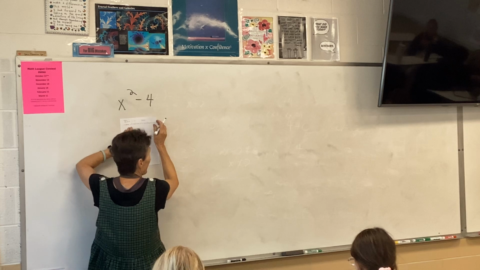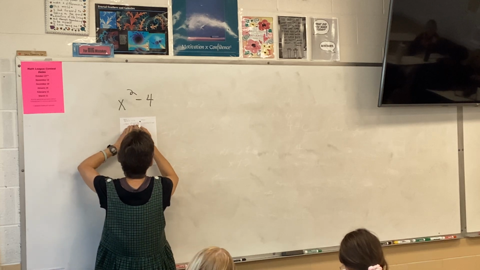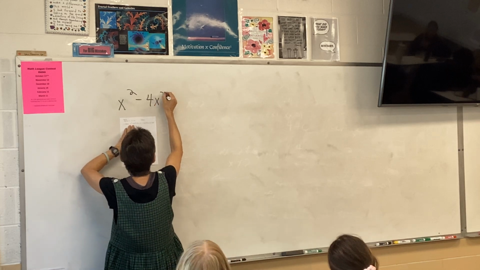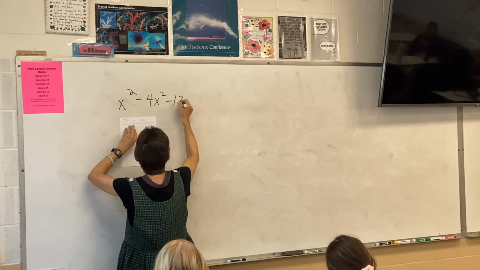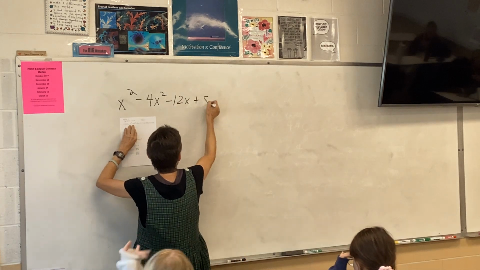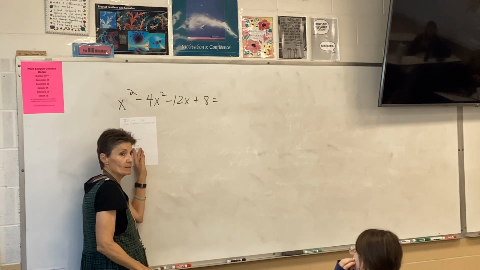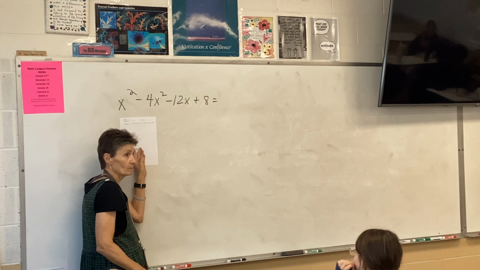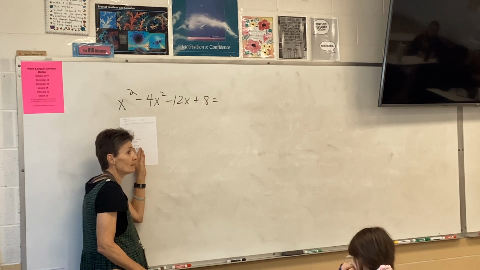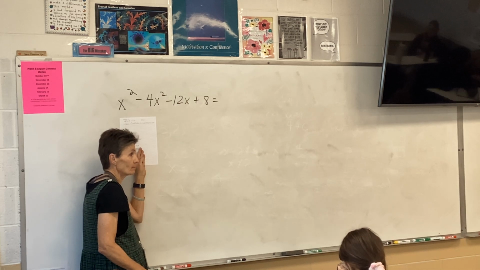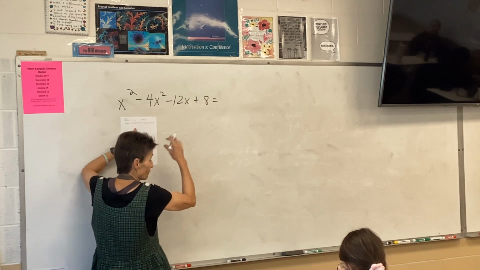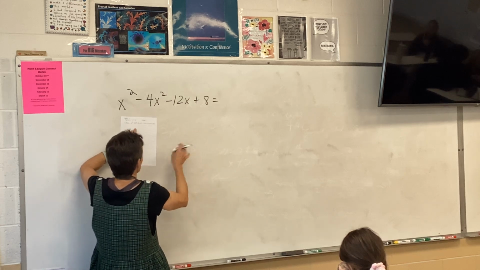So on the left, I'm going to have x squared minus 4x squared minus 12x plus 8. Don't just blindly copy that down. You see what I did? I distributed the minus sign, right? The minus 4, I distributed that.